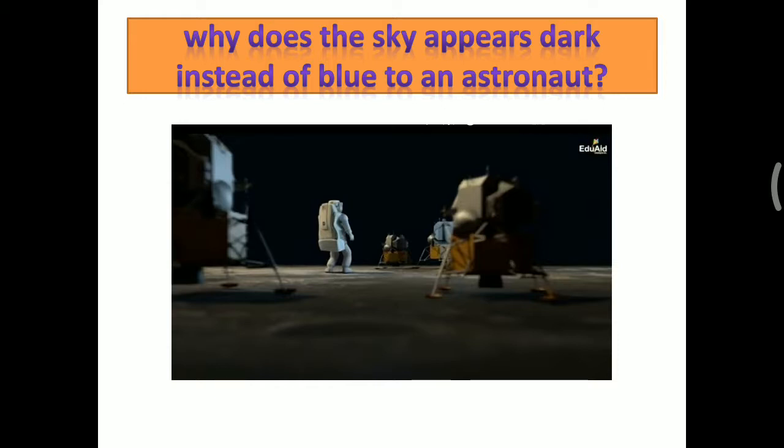The next one: why does the sky appear dark instead of blue to an astronaut? Look at this image. These are astronauts in outer space. They look at the sky, but the sky appears dark instead of blue. Why?